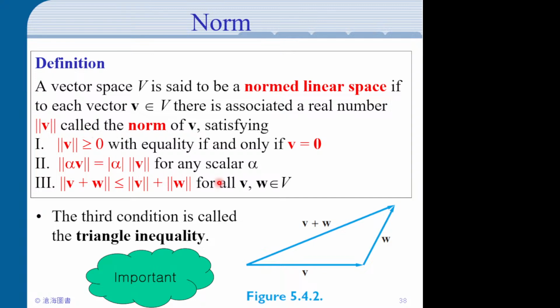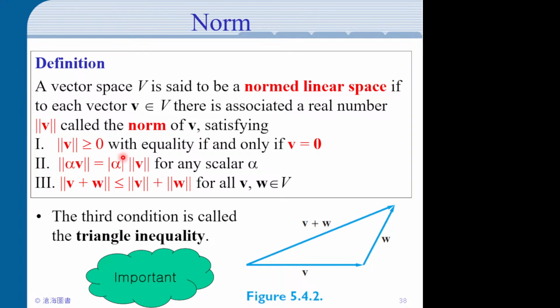It needs to satisfy three properties. First, it's greater or equal to 0, and equality holds if and only if the vector is 0. So the norm is a very generalized idea about the length of your vector. The length of your vector should be greater or equal to 0, and if you have the 0 vector, then the length is 0.